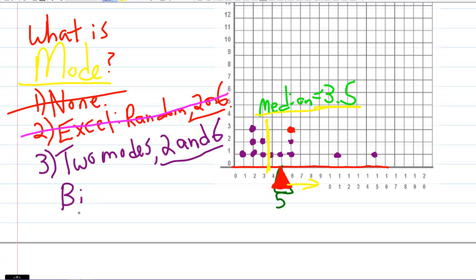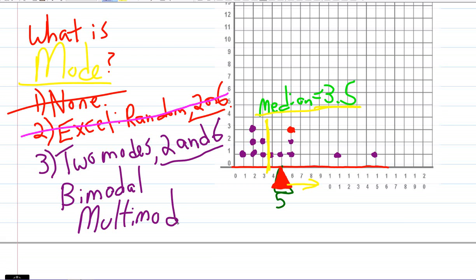Bimodal, bi meaning 2. You'd say this data is bimodal. There are 2 modes. If the data had 3 modes, you could use the word trimodal. Anything above 3 modes, you would just say is multimodal. And this is a very common thing that happens, and so we have a word to describe it.